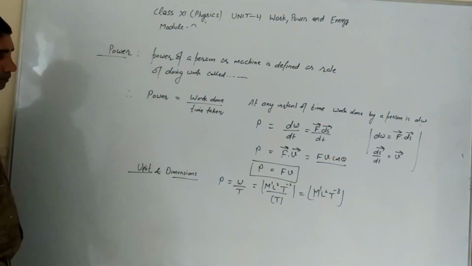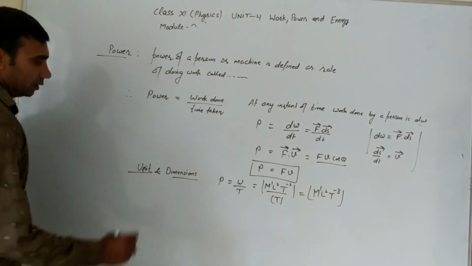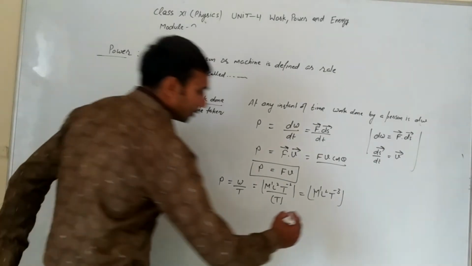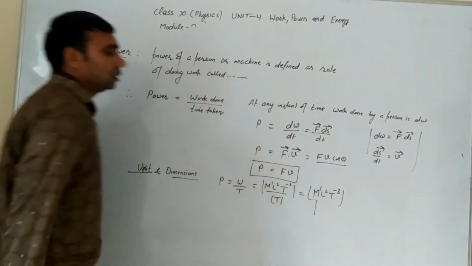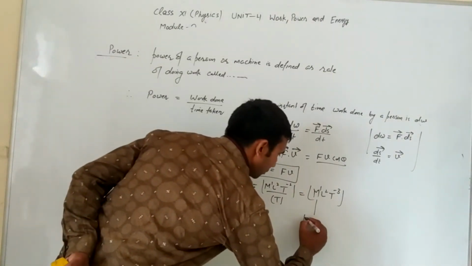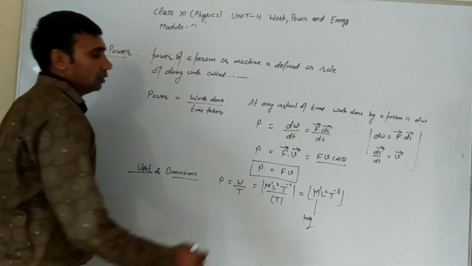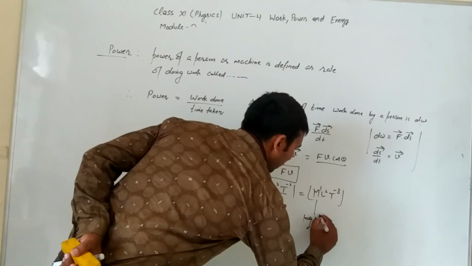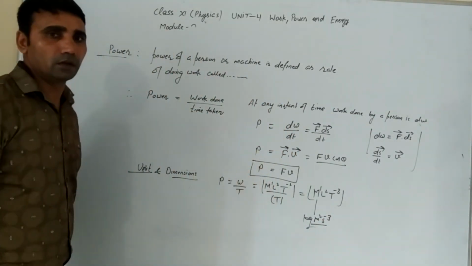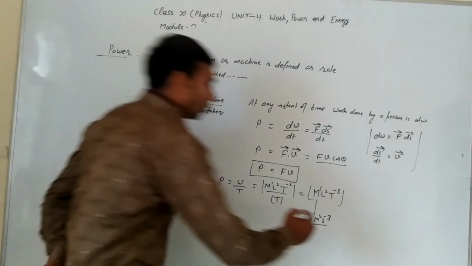What is the unit of power? The first one is the derived unit. The derived unit of power is kilogram meter square second minus 3, or the unit of power is watt.